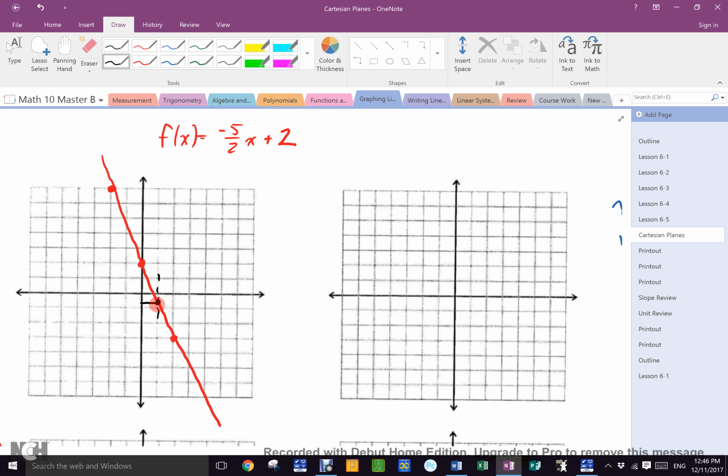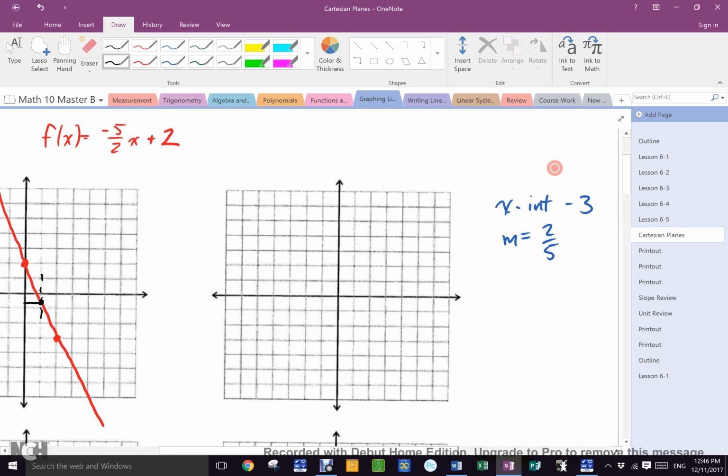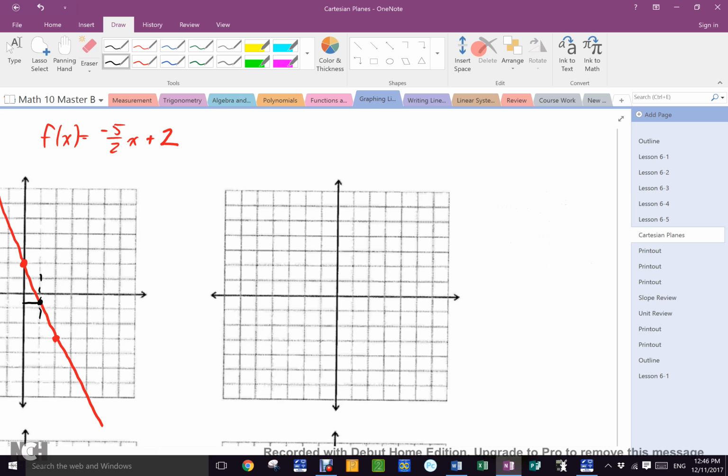Do you think fractions make this different? Do fractions change this? If I gave you this, could you graph it?